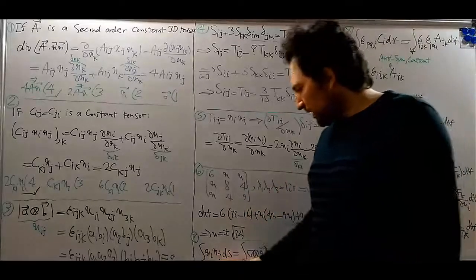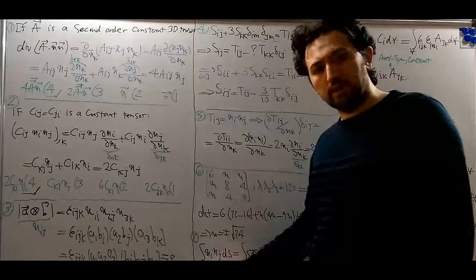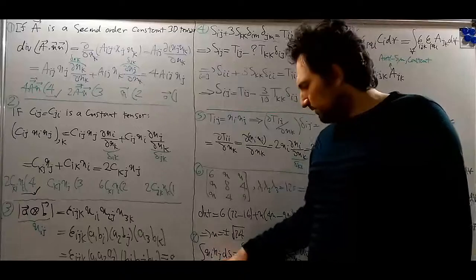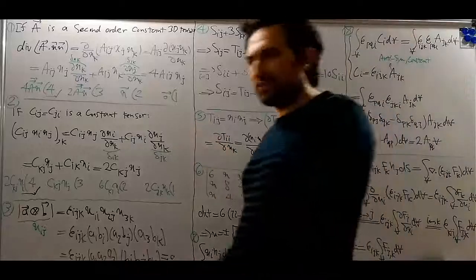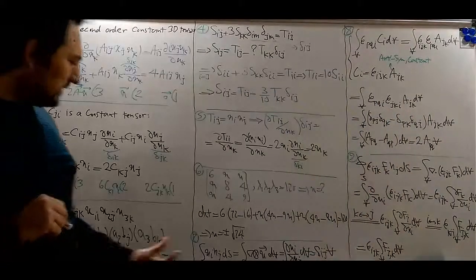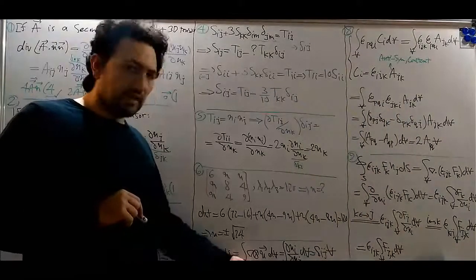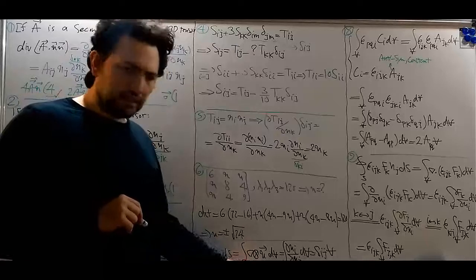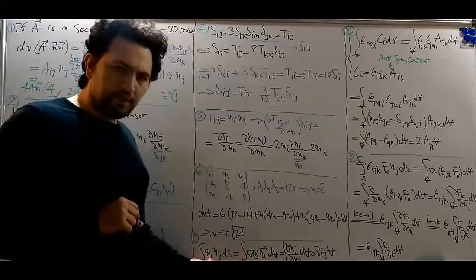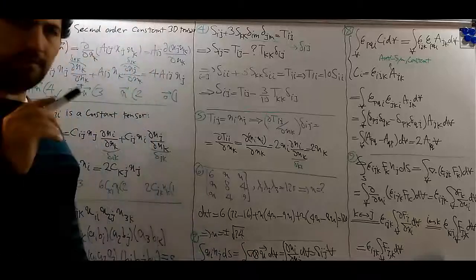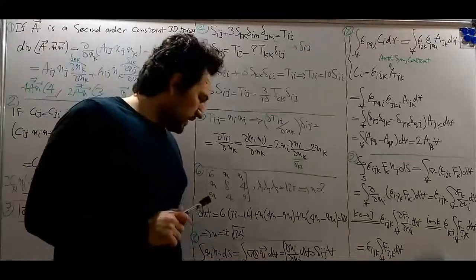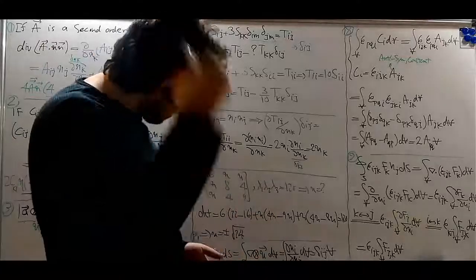As you see here, I have the dyadic product of two vectors. The first one is x, and the next one is the normal unit outward vector. This is equal to the dyadic product of the del operator and this vector here, x. So I have to compute the dyadic product of the del operator and x in tensor notation.